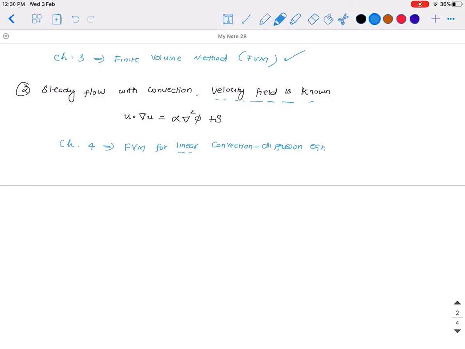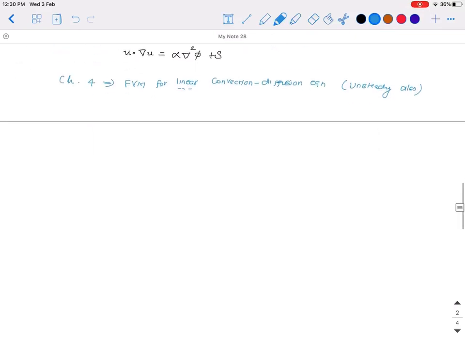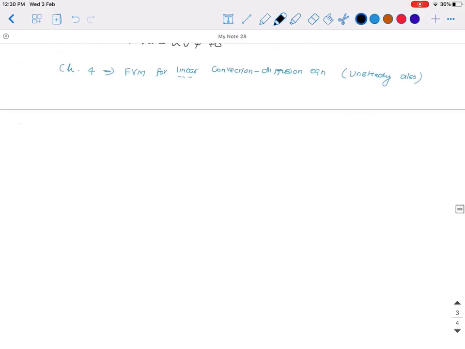Actually we discuss both steady and unsteady in this chapter. Our idea is to solve linear convection diffusion equation. The third assumption we can go for is steady flow with convection.